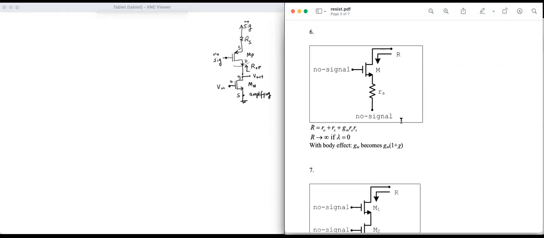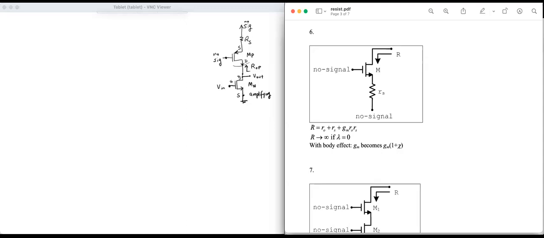So this is the formula. But the formula shows an N MOSFET, and that's perfectly fine. It doesn't have to be N MOSFET to apply the formula. It can be N or P, the same formula would apply. So if I'm looking into the drain of a MOSFET with no signal at gate, that's what's shown on number 6 in the formula sheet, no signal at gate, and the small resistor RS between the source terminal and ground, the resistance would be small RO of the MOSFET plus small RS plus gm RO RS.